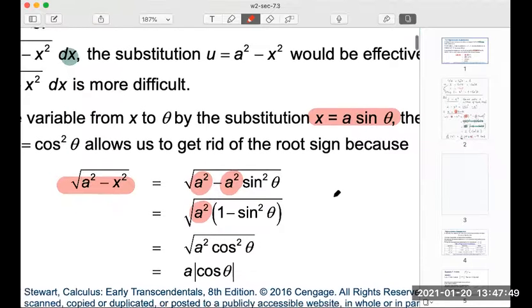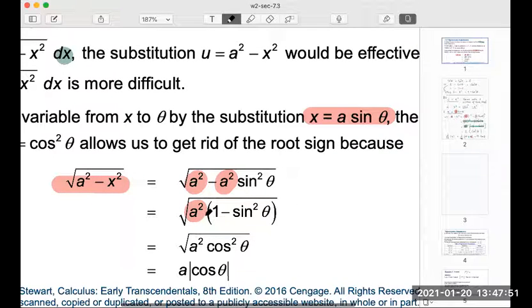And remember, the square root of this guy, we will replace 1 minus sine square by cosine square here. And the formula tells us that square root of a times b will be square root of a times square root of b. Okay?